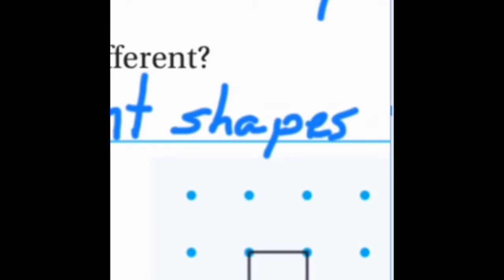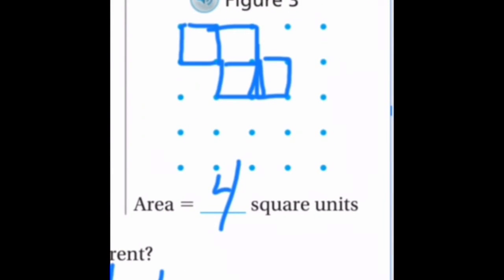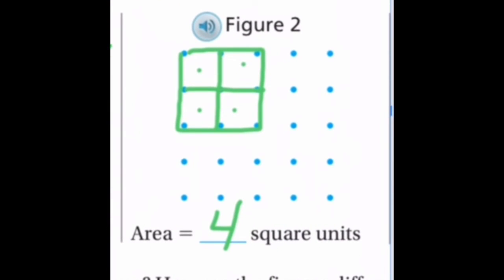They also probably have different perimeters. If we look at the perimeter of this blue one, it has a perimeter of 1, 2, 3, 4, 5, 6, 7, 8, 9, 10. Its perimeter equals 10. This square has a perimeter of 1, 2, 3, 4, 5, 6, 7, 8.